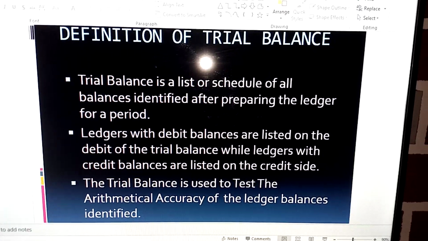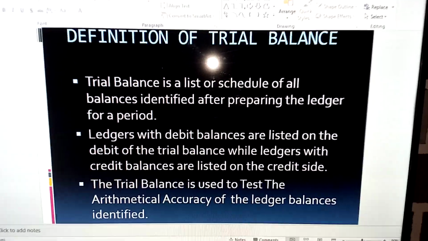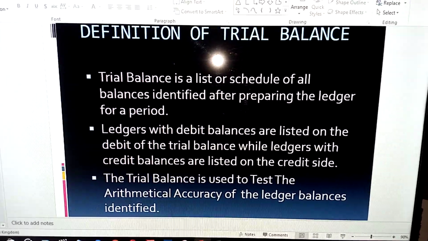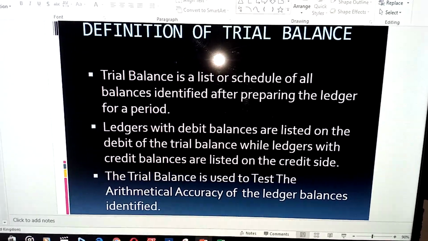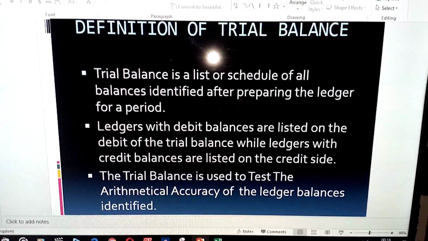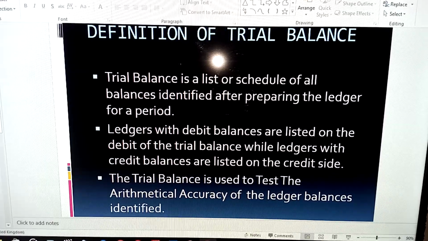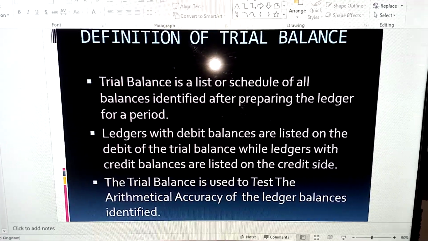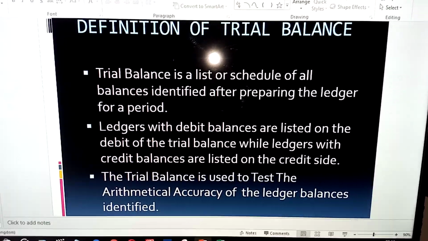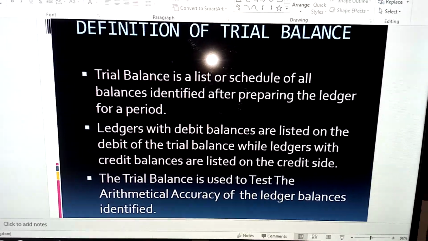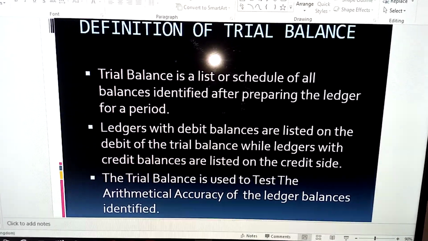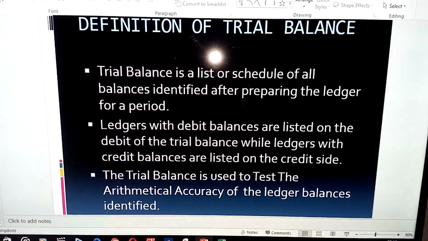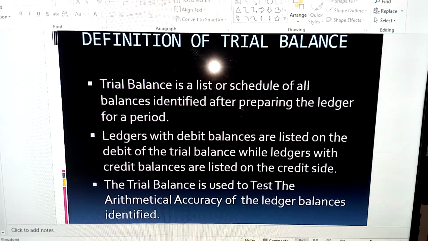We were able to establish the procedures of identifying ledgers from transactions. Now, after identifying those ledgers and posting those transactions to the respective ledgers, those ledgers usually will carry balances, and there's a need to test or check the accuracy of those balances.